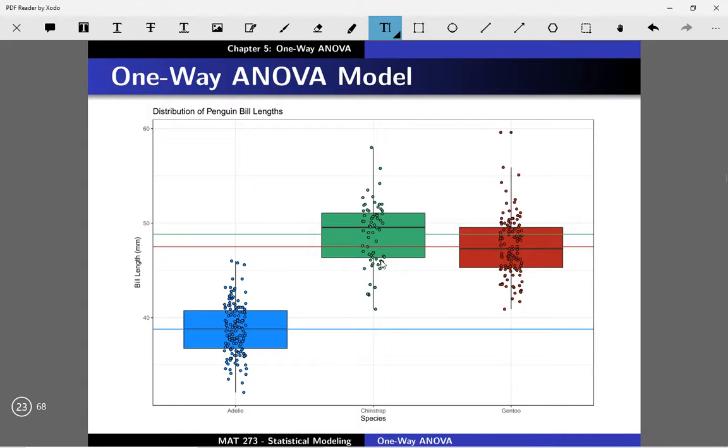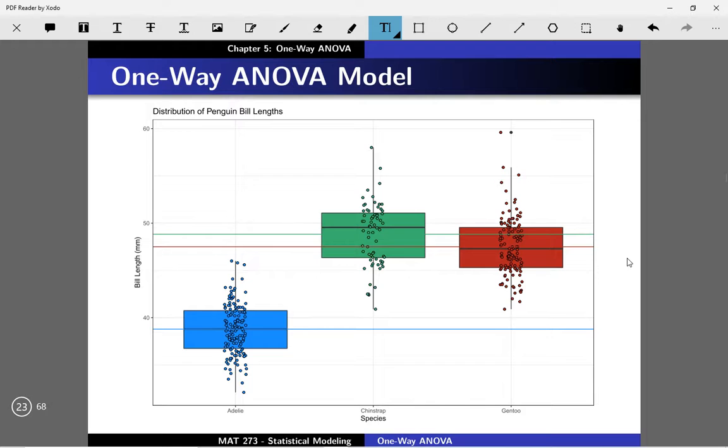For chinstrap penguins, the average bill length is about 49. And for gentoo penguins, the average bill length is about 48. Okay, so a lot of information conveyed in this plot.